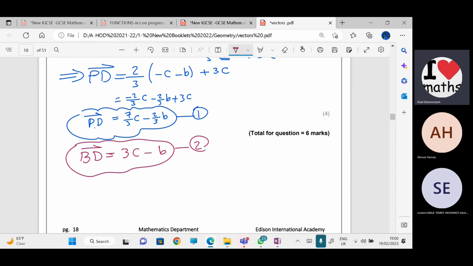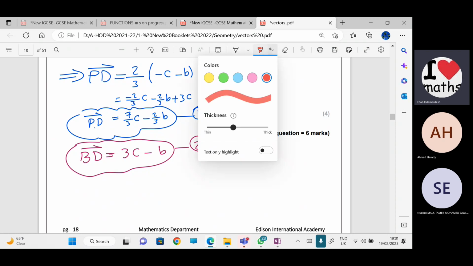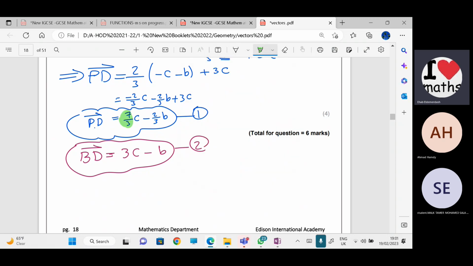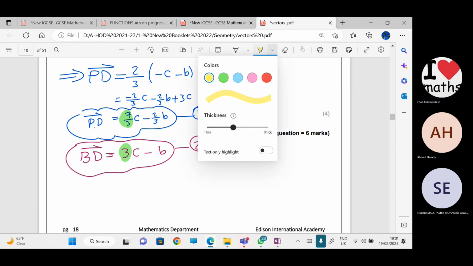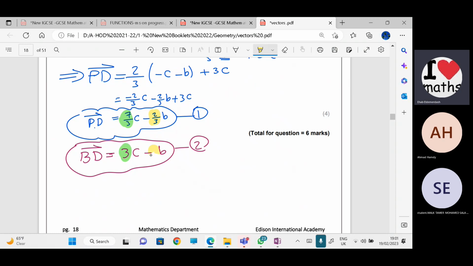Have a look and tell me, do you think the ratios are similar? Compare the ratio of the coefficient of C with the ratio of the coefficient of B. Do you think you will get the same ratio? Is it the same? If you compare the coefficient of C with the coefficient of B, do you think the ratio for both will be similar?